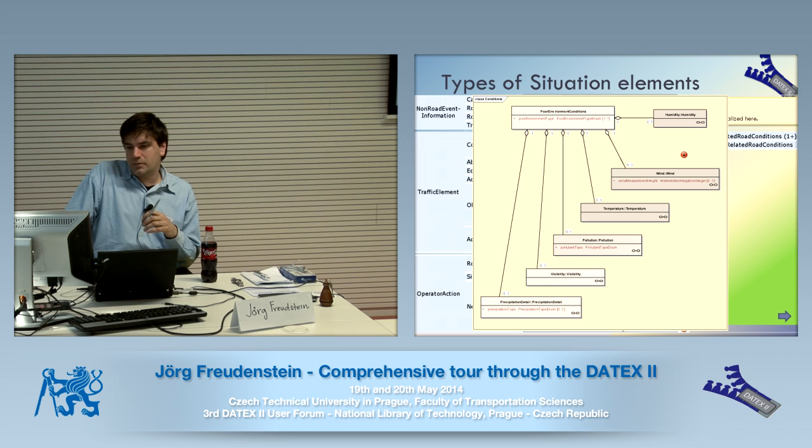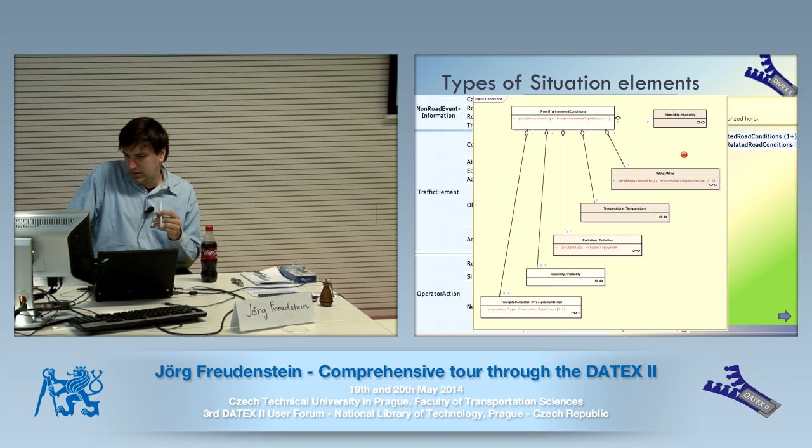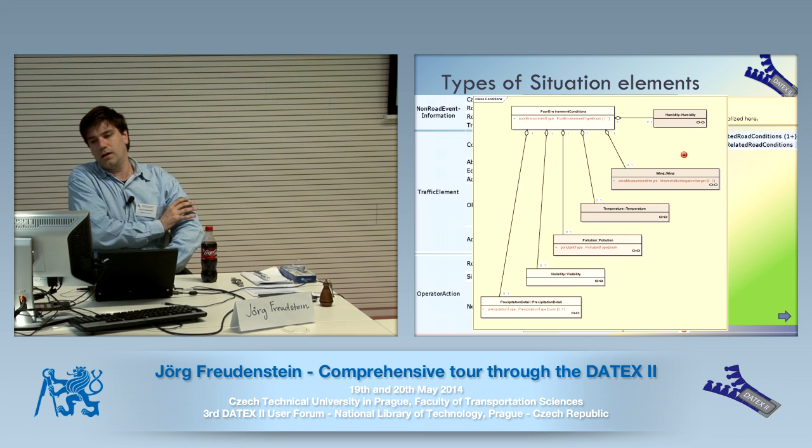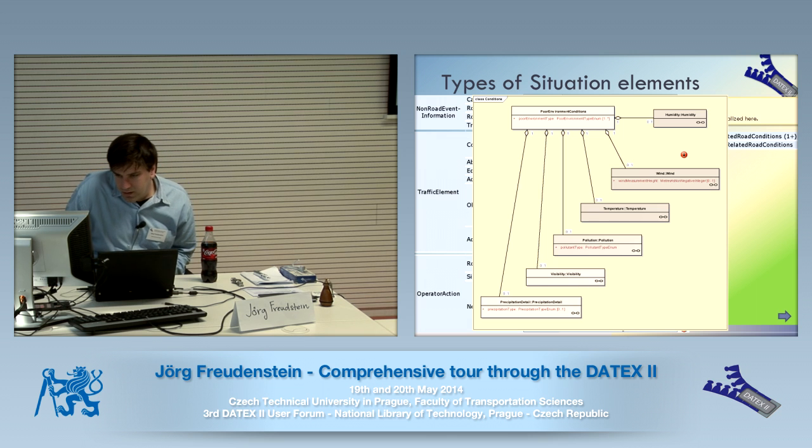We have general abstractions. As you can see here, a whole list of things: air crash, explosion, etc. We have road maintenance. I only show the enumeration here, what is possible to have as road maintenance possibilities. But as you can see, I did not show this here.